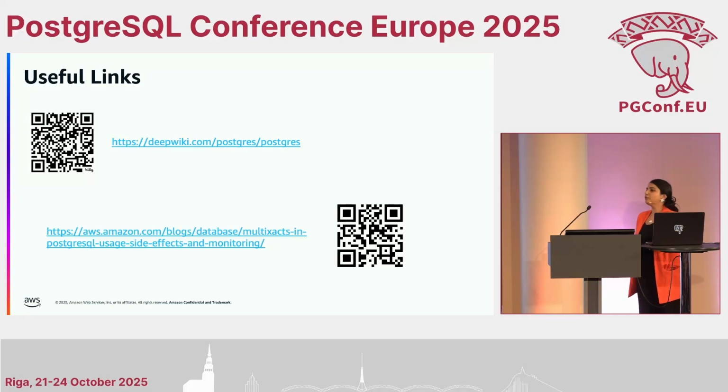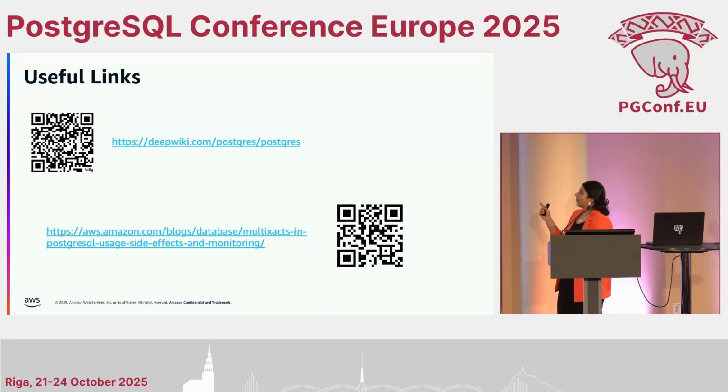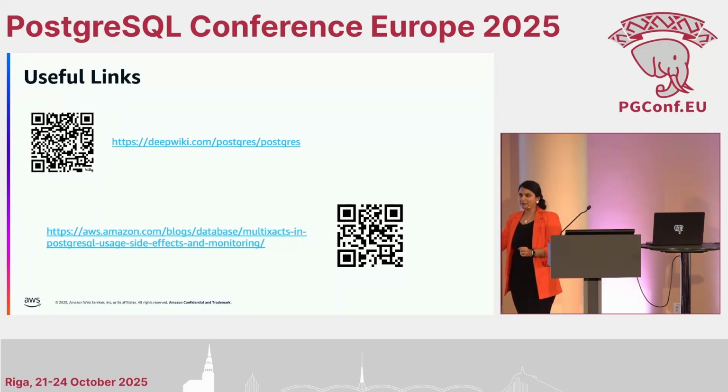These are some useful links. There is a blog on the same topic which I've written, which explains how multixact works and almost everything we have discussed today. The first link is very interesting, because I explored it a couple of months back.